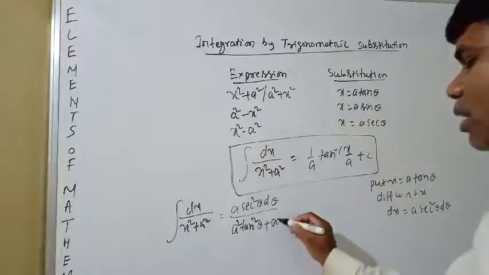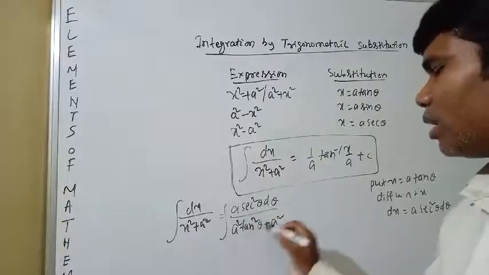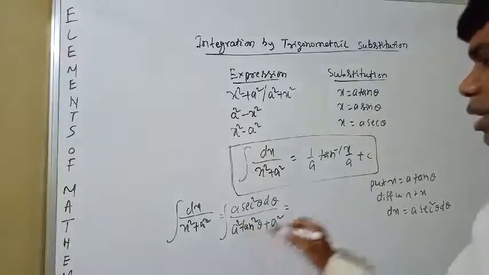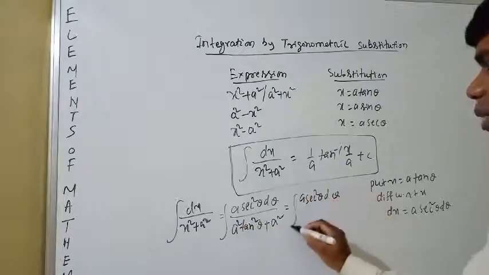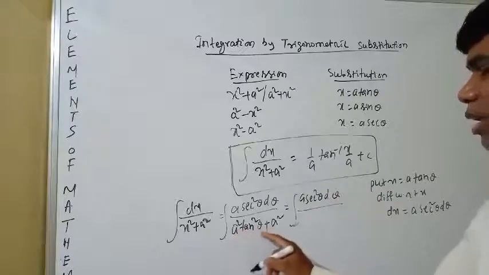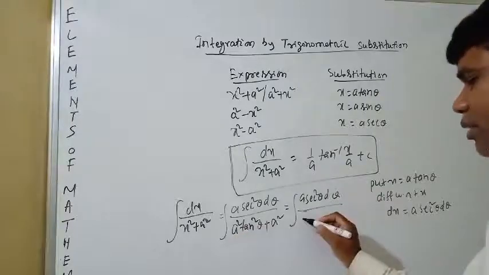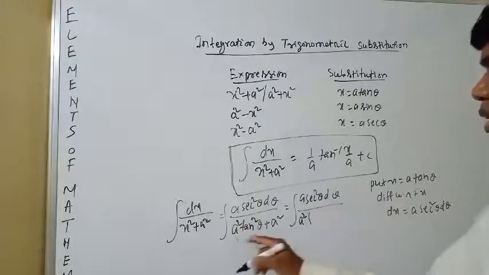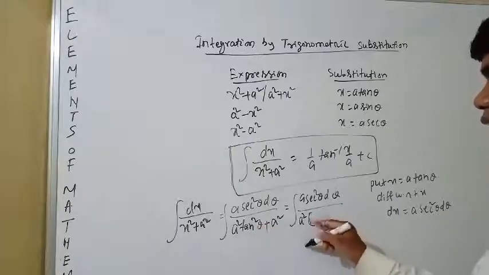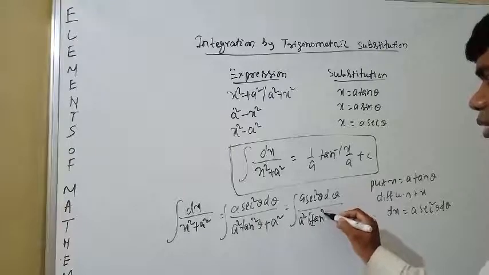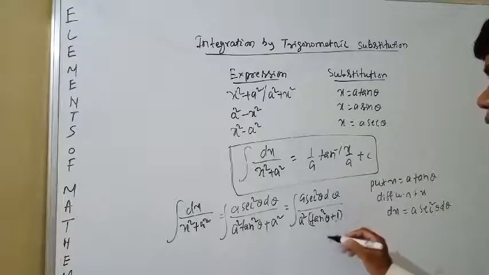Here you see a sec square theta d theta, by taking common a square, because a square is in both the terms, you can get tan square theta plus 1.